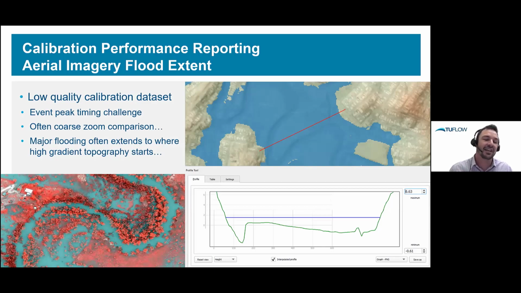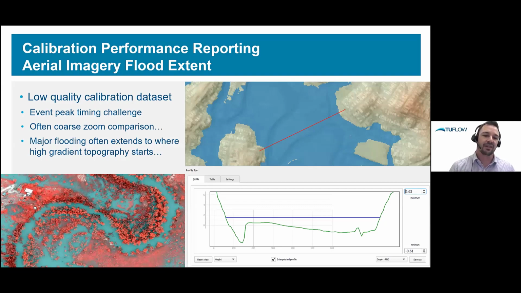In addition to that, often you'll see when you get these major flood events, the flooding will fill up the river, it'll then fill out the floodplain, and in major events actually go out to an area of the floodplain where there's higher relief topography gradients, and that's what that graph down the bottom shows as a cross section. And it means that, for a significant change in vertical level, the horizontal isn't all that much.